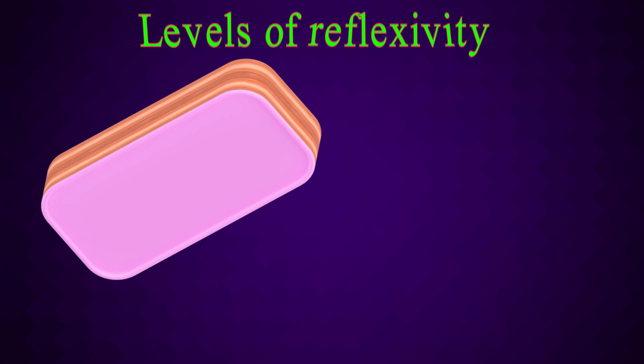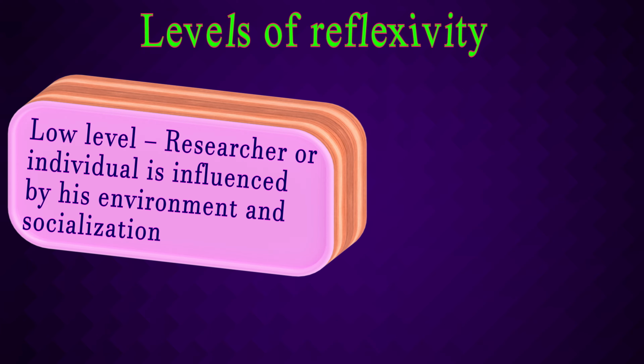Now, there are two levels of reflexivity. When the individual or the researcher is influenced very much by his environment and socialization, then his mind will be full of biases, values, prejudices. Then the reflexivity level will be very low because he will not be able to relate the cause and effect.